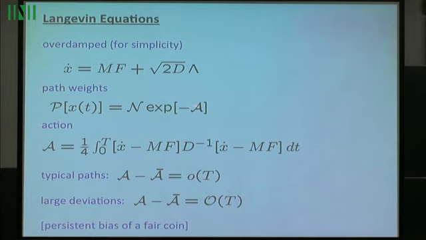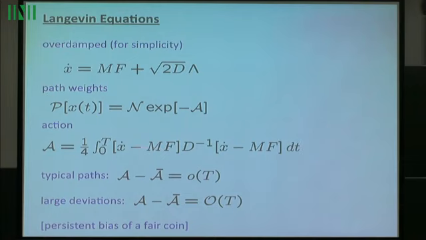What it says is that lambda is Gaussian white noise. So if I take minus mf over to this side of the equation, divide by 2D, then the statistics of x dot minus mf over the square root of 2D is Gaussian. And m being a matrix, I have to be a little bit more careful than that, D also being a matrix, but here is a schematic summary of what happens.